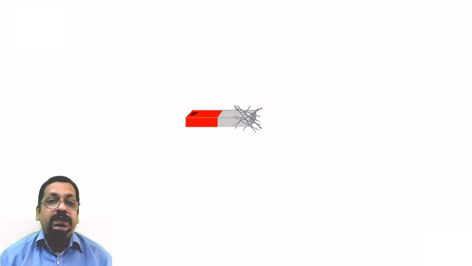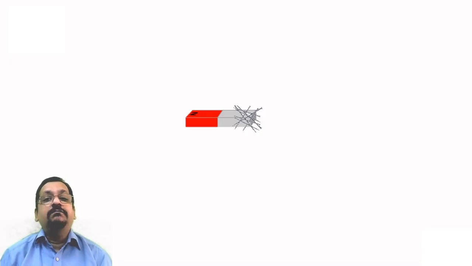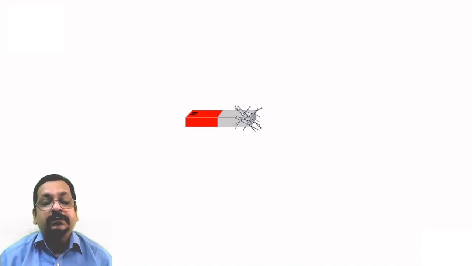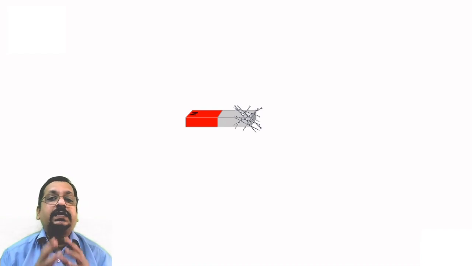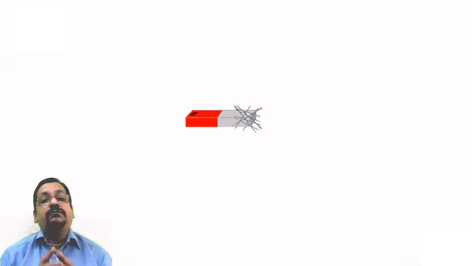Remember again, we have also seen how paper pieces get attracted towards the plastic comb or plastic scale. Now what is happening here? Here we know that the magnet exerts force on magnetic materials such as iron pins, and these magnetic materials get attracted towards the magnet. Now let us imagine that these pins are far away from the magnet.